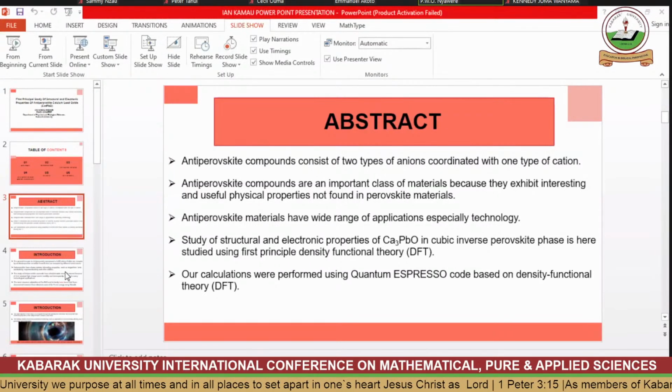So antiperovskite materials have a wide range of application, especially in technology. And that's the only reason that we gave a focus on this material, especially calcium lead oxide.